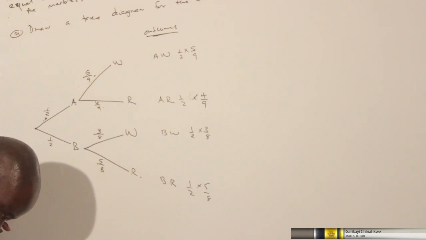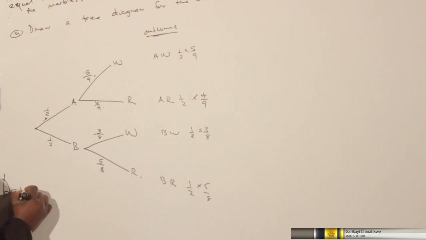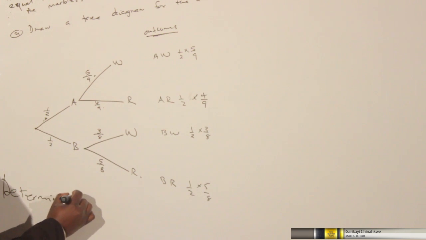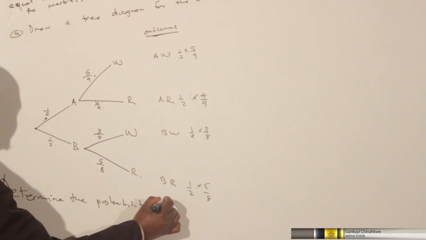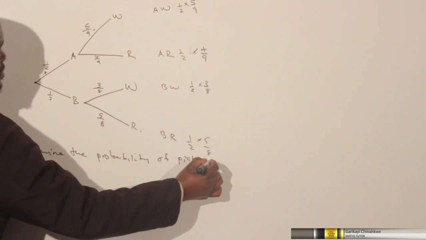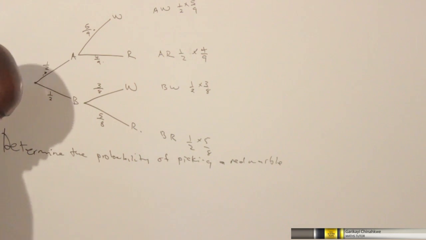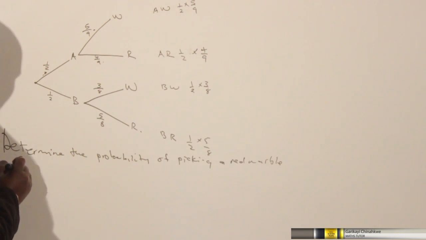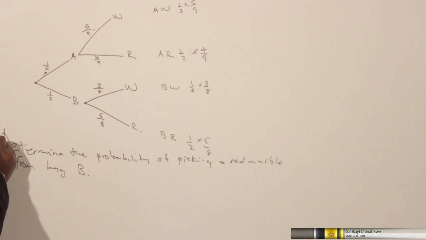Then the next question is: determine the probability of picking a red marble from bag B. Okay. We want a red marble from bag B. So in other words, we want BR only.